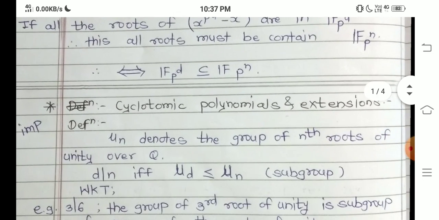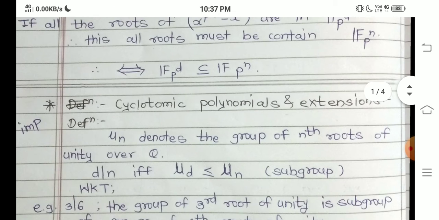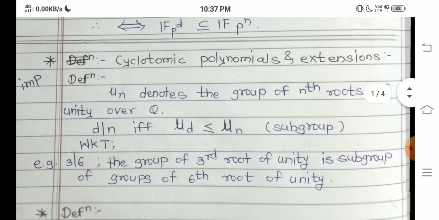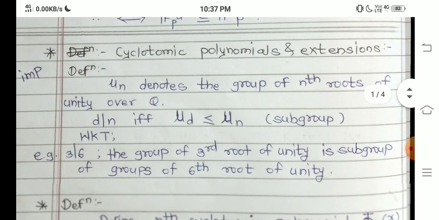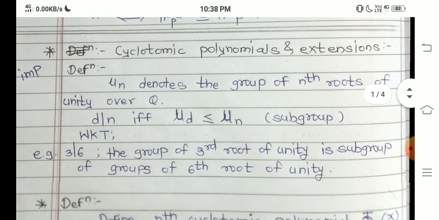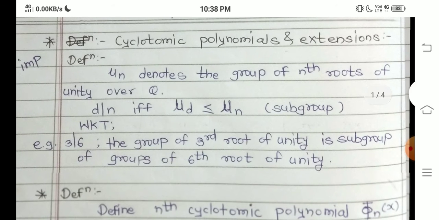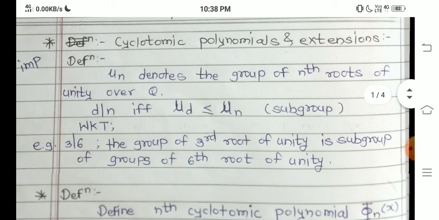Next we have seen a definition. The topic is cyclotomic polynomials and extensions. Definition: U(n) denotes the group of nth roots of unity over Q. From the above result, we have seen that d divides n if and only if U(d) is a subgroup of U(n).